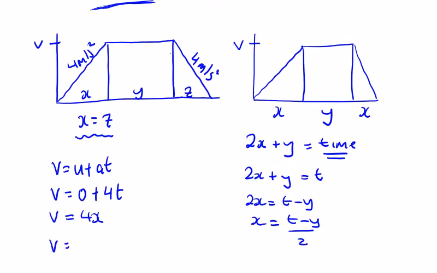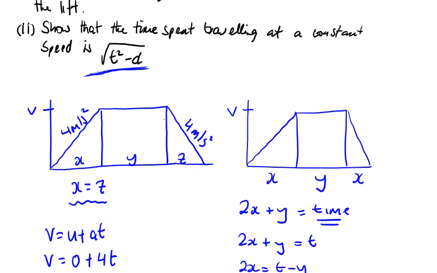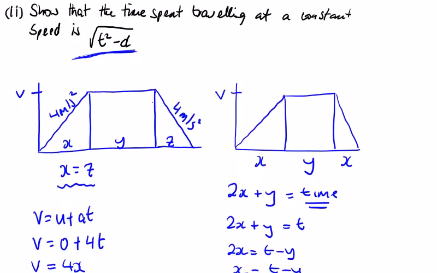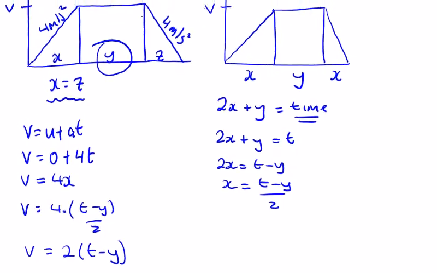So that means velocity, because we need velocity for the areas, is going to be equal to 4 times t minus y over 2. So my velocity becomes 2 times t minus y. So if I get the areas using this for my velocity, let me just check my question again. Show that the time spent traveling at a constant speed. So I'm looking for y, so I need to solve this down into y.